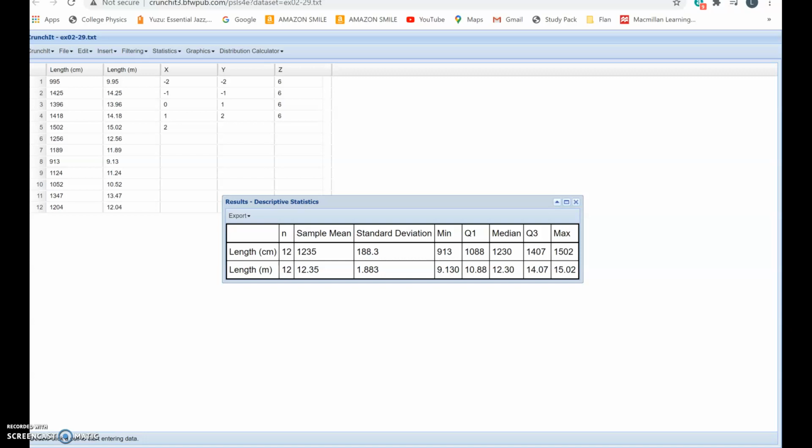So the standard deviation in the first case, when the length is given in centimeters, would be 188.3 centimeters. So the unit of measurement of standard deviation is exactly the same as the unit of measurement of the actual data values. If the length is given in meters, then the standard deviation is 1.883 meters. So the unit of measurement of standard deviation is the same as the unit of measurement of the numbers in the data set.